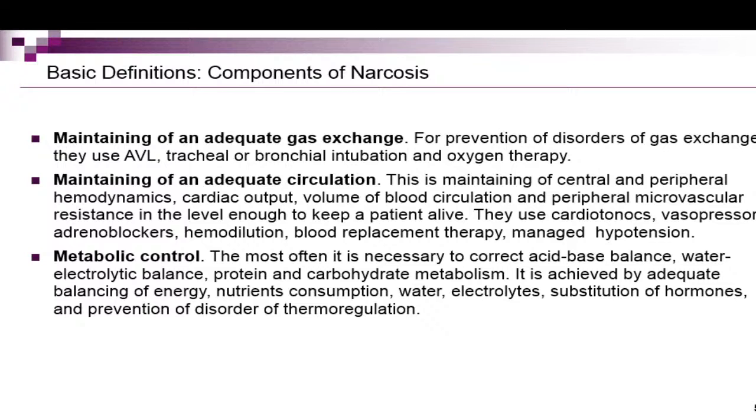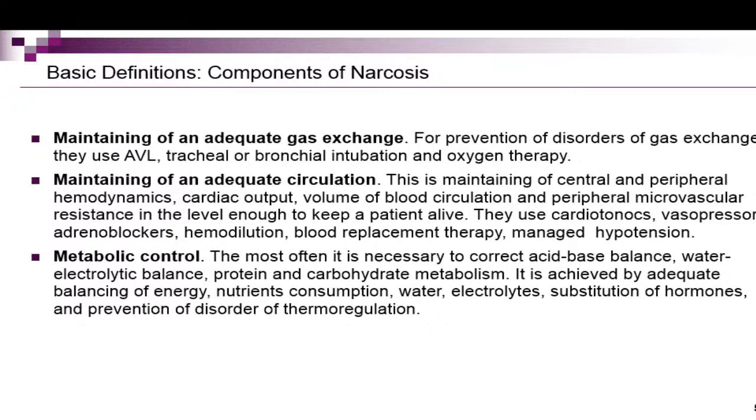For that purpose, they use cardiotonics, vasopressors, adrenal blockers, hemodilution, blood replacement therapy, and managed hypotension. This means directed to preserving the function of CNS and cardiovascular system.